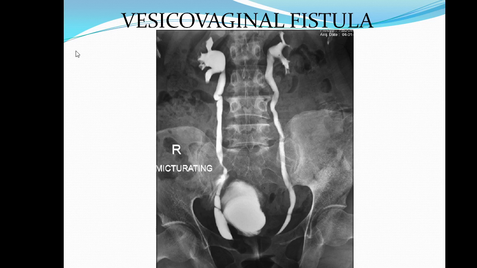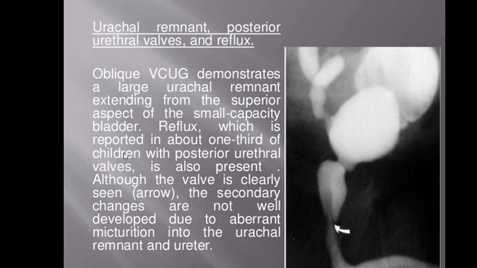Here we can diagnose this communication between the bladder and the vagina. Then sometimes the urachus may be patent, and this may also be diagnosed by this micturating cystogram.